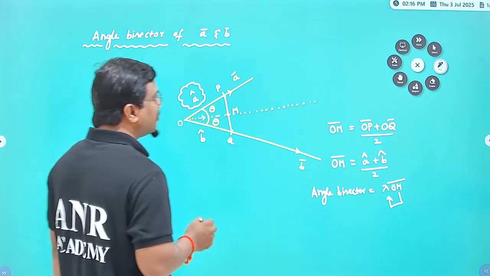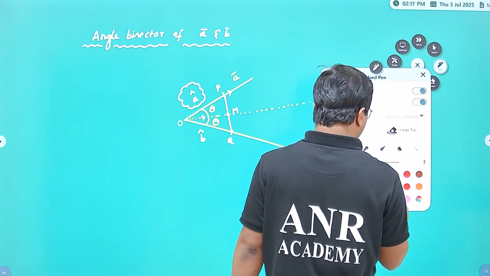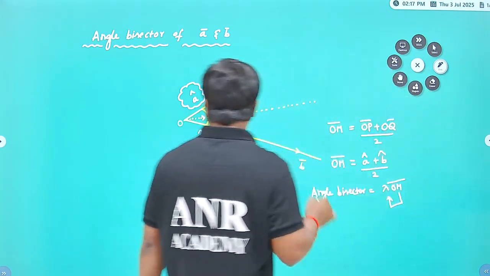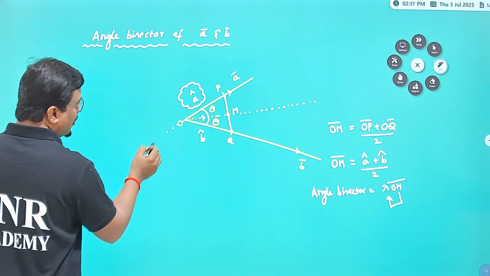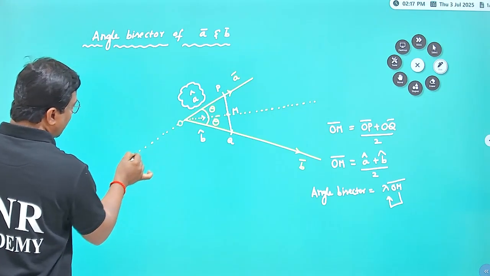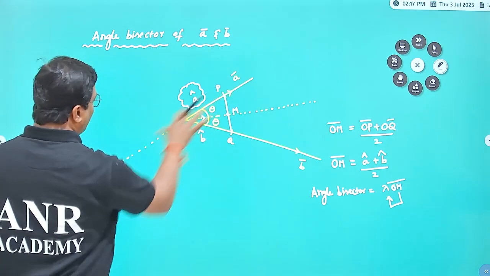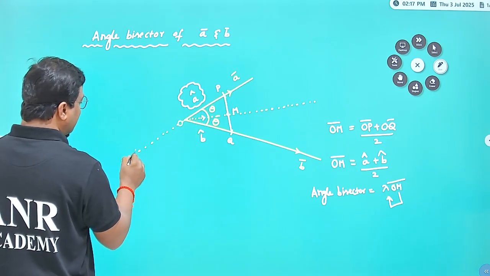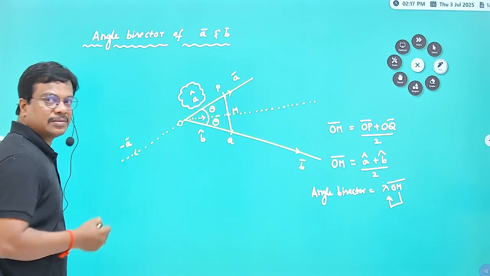Also here, if you select in the negative direction, opposite to A, if you extend with the same length but just opposite in direction, this is the vector denoted by minus A bar.